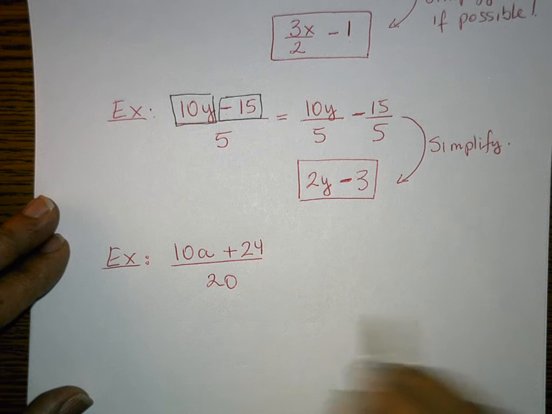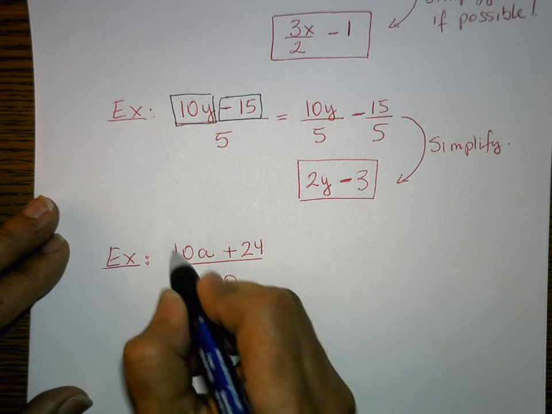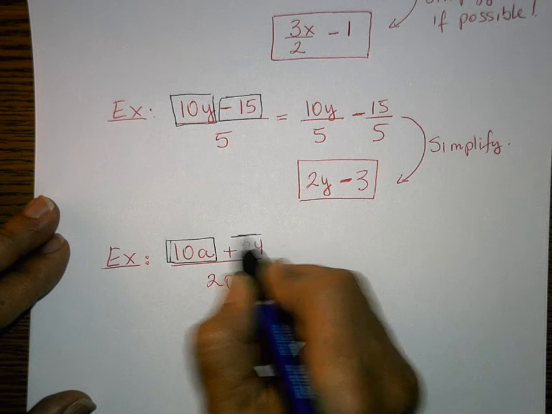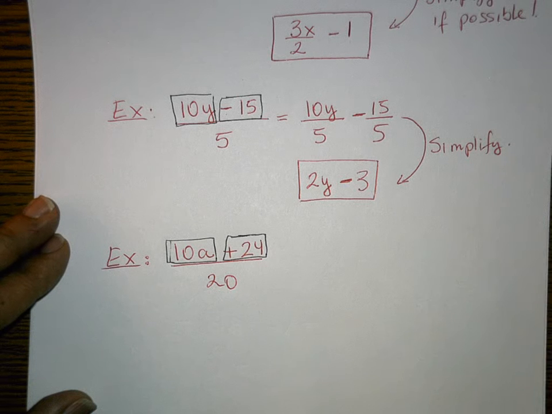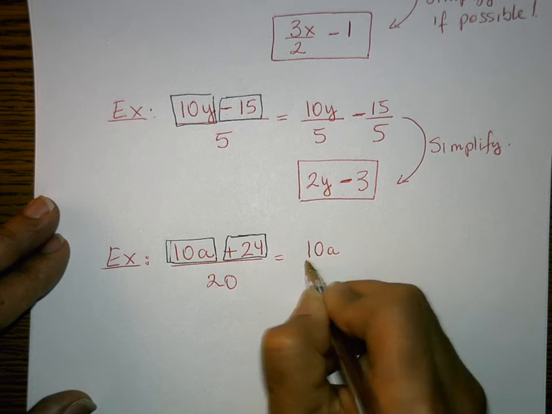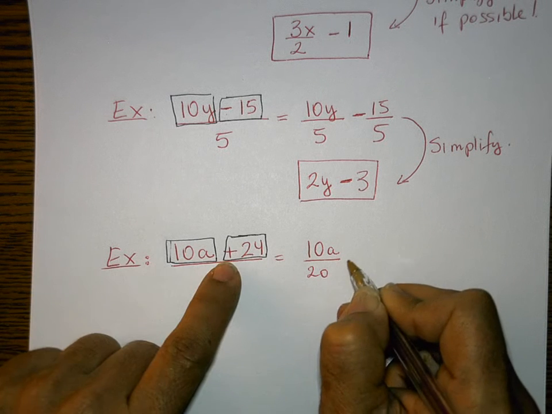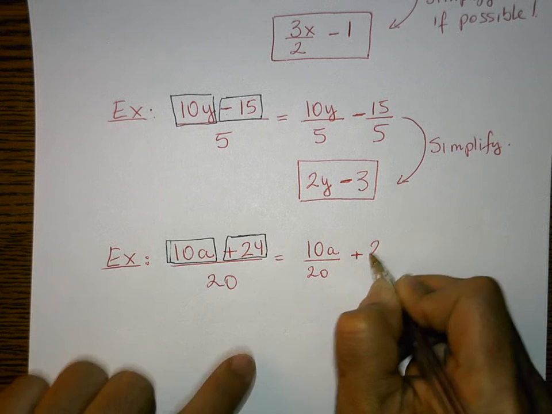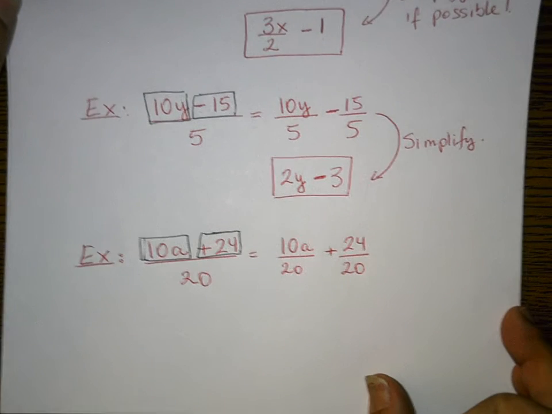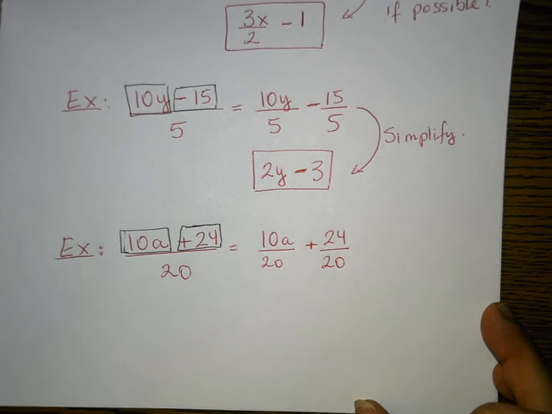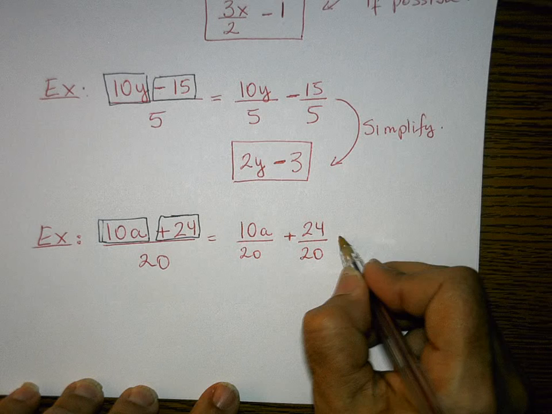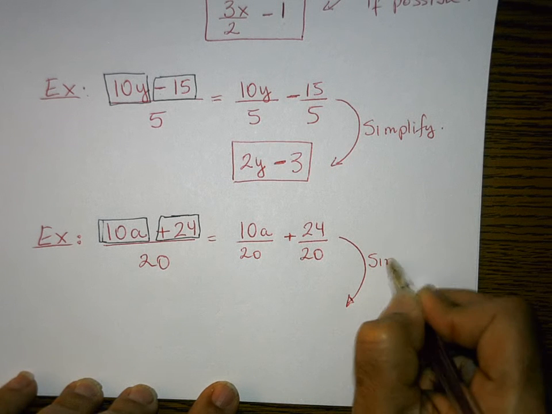I have my 10a. 10a is going to get its own denominator, and the positive 24 is going to get its own denominator. So 10a divided by 20 plus 24 divided by 20. Okay? It's almost done. That is not the final answer. It wouldn't give you full credit for all the points that you deserve. But let's simplify to the best of our ability.